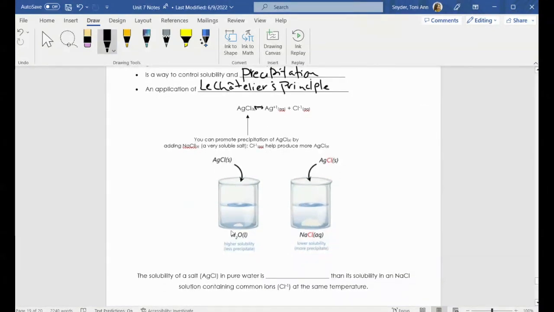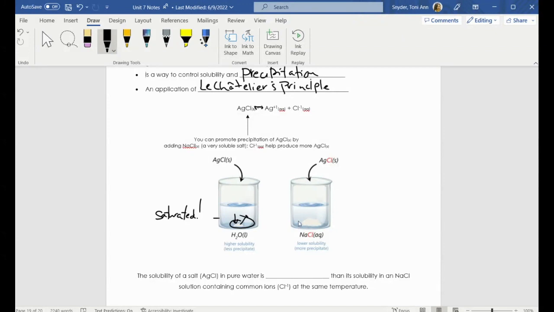So I have a silver chloride solution, and this has to be saturated because I have that solid material sitting at the bottom, right? That's what makes a solution saturated, because the rate at which this solute is dissolving is equal to the rate at which it recrystallizes back onto that solid silver chloride at the bottom.